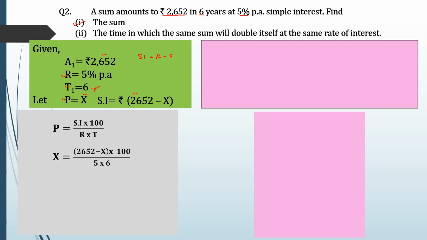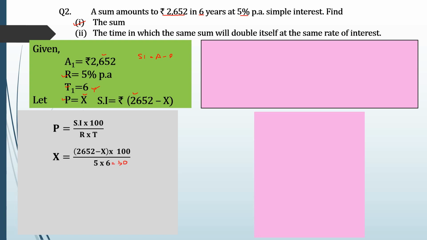So we have taken P as X equals SI, we have found out that it is 2652 minus X into 100 divided by rate is 5 and time is 6 years. So now we'll multiply this. Now we have got an algebraic expression, so we'll solve this algebraic expression. So 5 6 is, this becomes 30, so we'll keep this in mind.